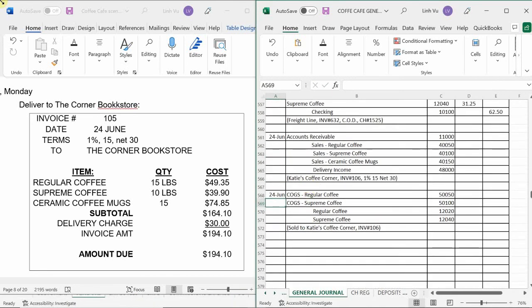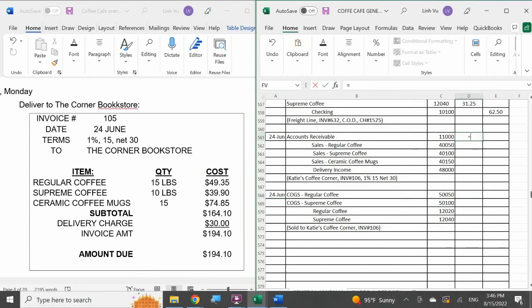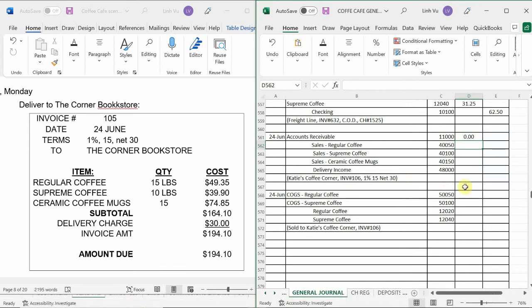Okay, so the corner bookstore. We can copy the delivery to the Katie Coffee Corner. Already done.